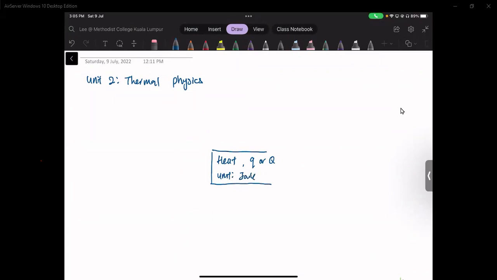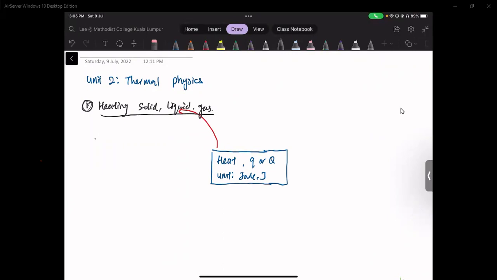So the unit is joule, J. So what we are going to concern ourselves in this chapter is, number one, we're going to look at the effects of heat on solid, liquid, and gas. So heating solid, liquid, gas. This is like science 101 now. When you draw all the atoms very close together, very far apart, when you heat them, what happens?